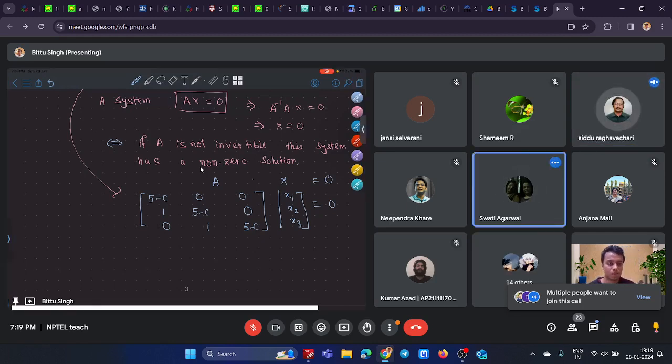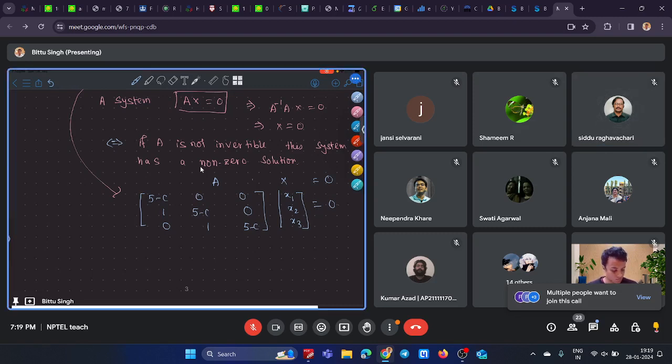If c is equal to 5, then it is not invertible. Yes, it is right. What you have said is right. So the condition for non-invertibility is determinant equal to 0. Okay, A is not invertible. This is the same as the determinant of A being 0 for a square matrix.